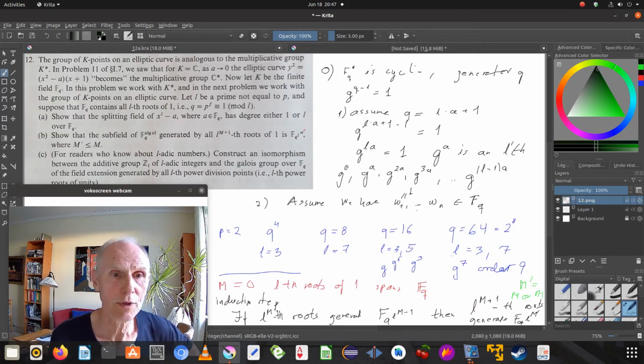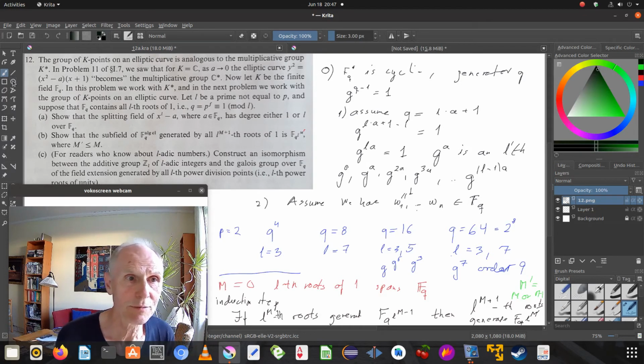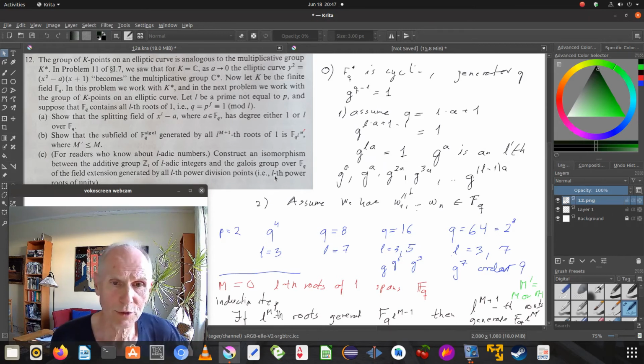I know a little about L-adic numbers, so I should be able to construct an isomorphism between the additive group of ZL, that's the integers, and the Galois group over FQ of the field of extensions generated by all nth power division points.